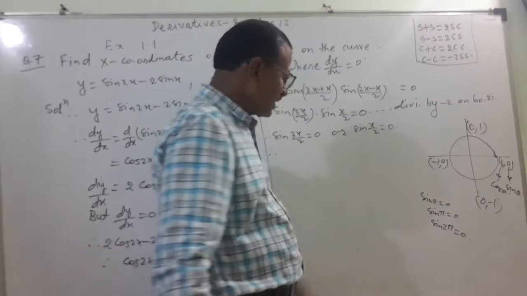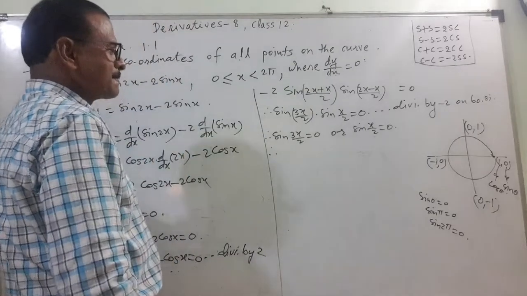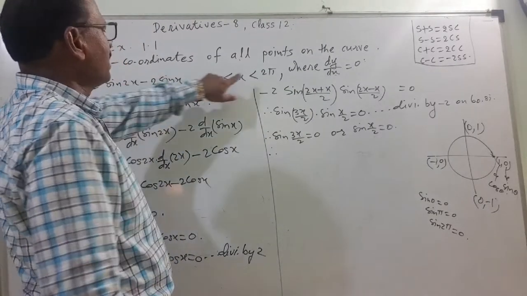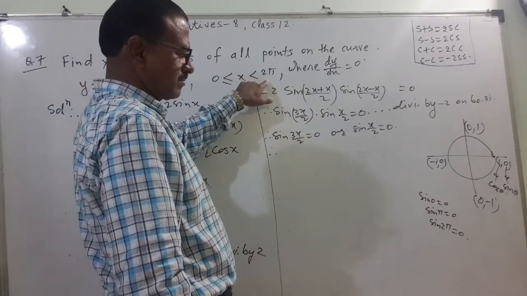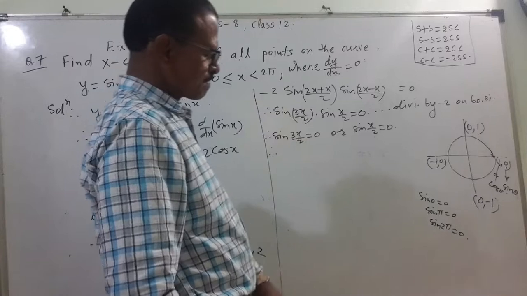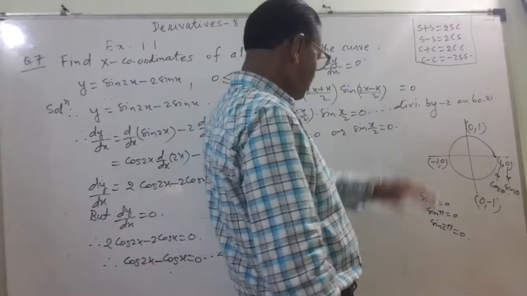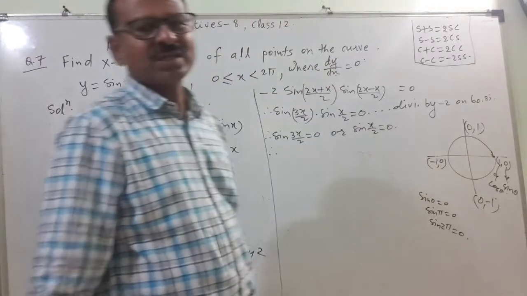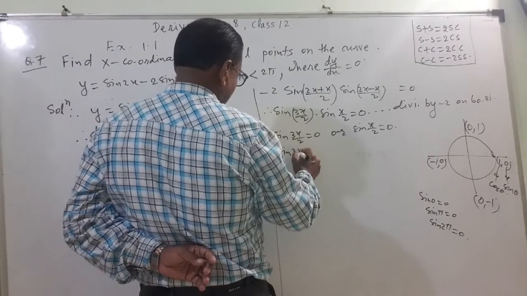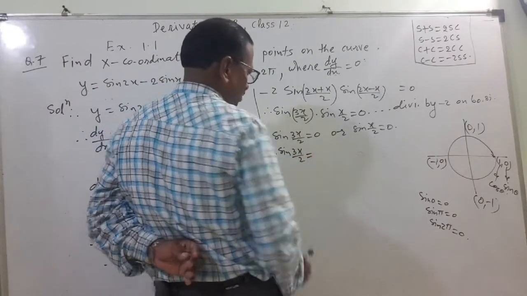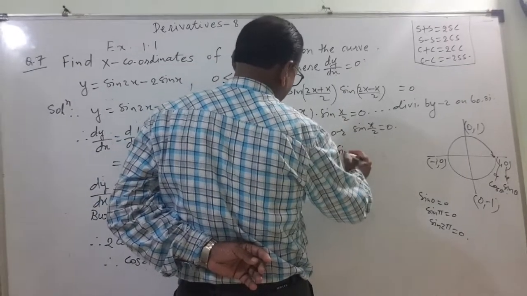But whether I can take this value or not, that I have to search. Here for the angle x, I cannot take 2 pi because x is less than 2 pi. So 0 and pi I will definitely take. So sine of 3x by 2 is equal to sine 0, sine pi.